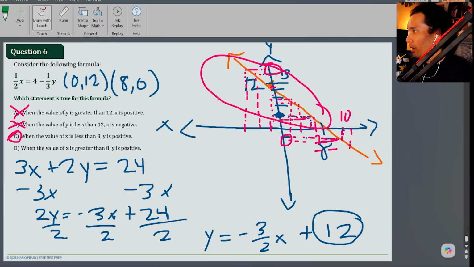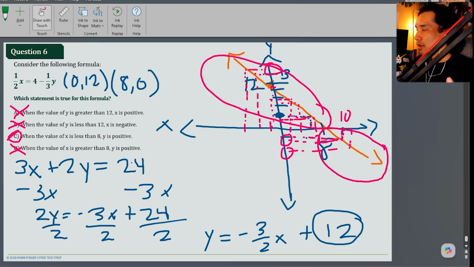We could just circle this portion of the graph. y will always be negative when we choose x values greater than 8, making D incorrect. So all you had to do here, the extra step for this question, was to clear the fraction. Everything else remains the same, okay?